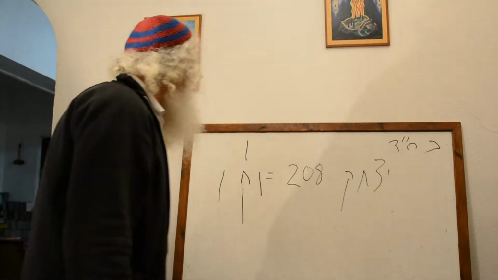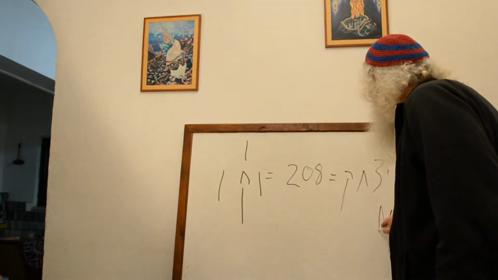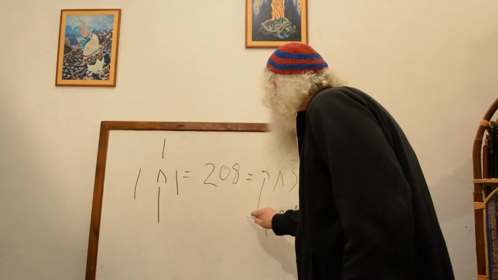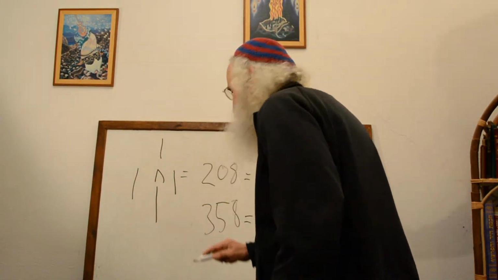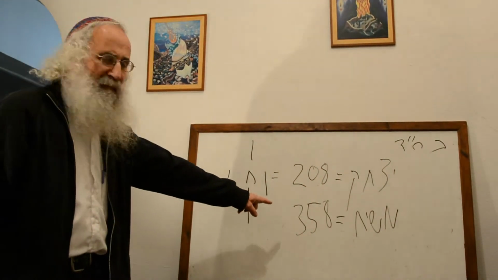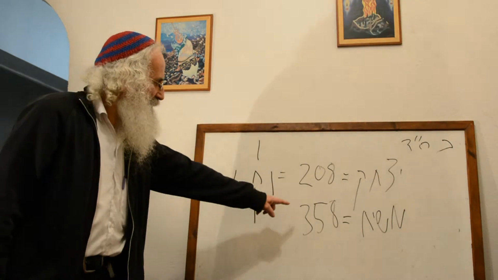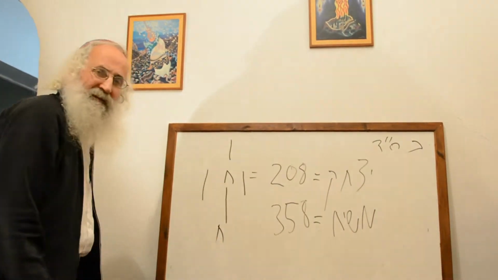Alright? Now I take the word Mashiach, which equals 358. It means we have 7 times the letter Nun, and in the middle again we have the Chet.